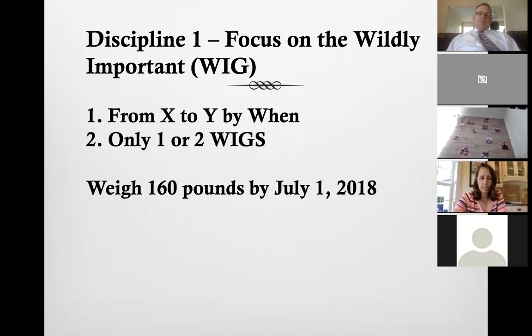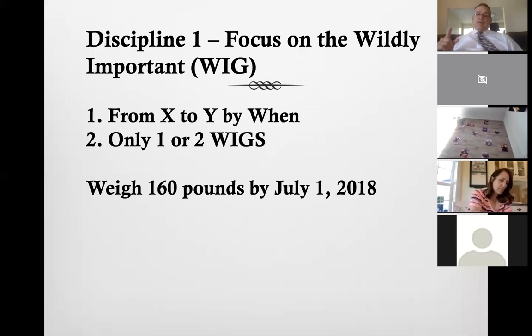So here's the example. A wildly important goal, you should write it this way. This is very similar to SMART. Write it from X to Y by when, okay? So an example would be, I will weigh 160 pounds by July 1st, 2018. Okay? Simple, but specific, and there's a time element.